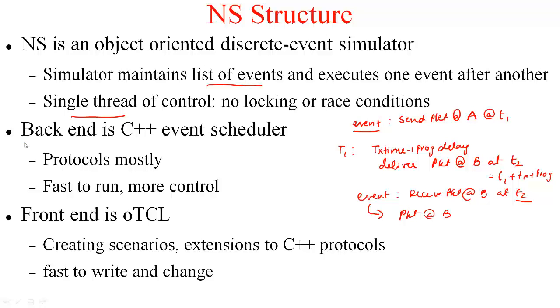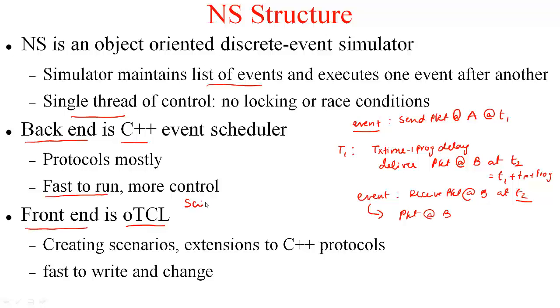ns2 has a back end as well as a front end. The back end is based on C++, so this is the event scheduler. A lot of the protocols that are given as part of ns2 are implemented in the back end. This lets them run very fast and it gives more control over the execution of the protocol. The front end is a language called OTcl.